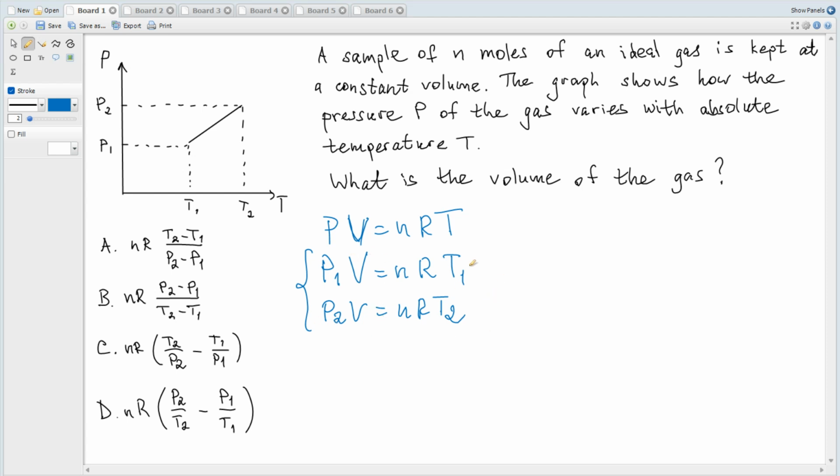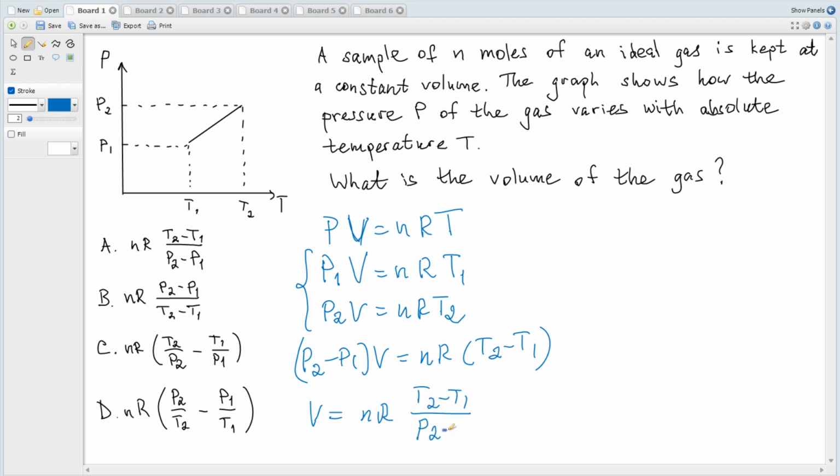We can subtract both sides to get (P2 minus P1) times V = nR (T2 minus T1). The second minus the first. This minus this is this minus this. So V = nR (T2 minus T1) over (P2 minus P1).